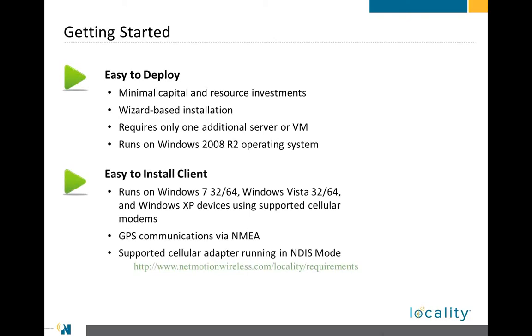The one thing that is important is, we do try to support all of the cellular adapters that we see out there today. But I do want to point out, what you want to do is go to our website, go to the Locality tab, and you can see a requirements doc there. And it will show you the modems that we support today.